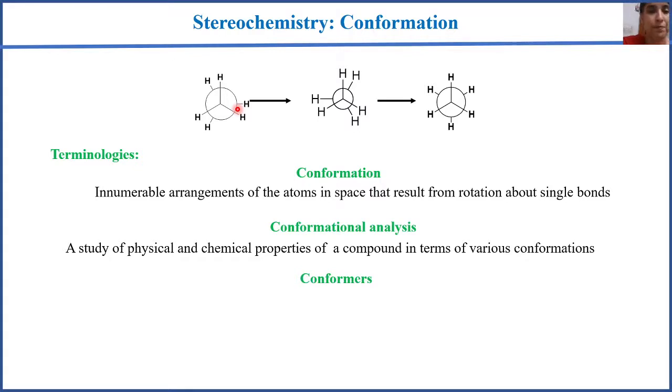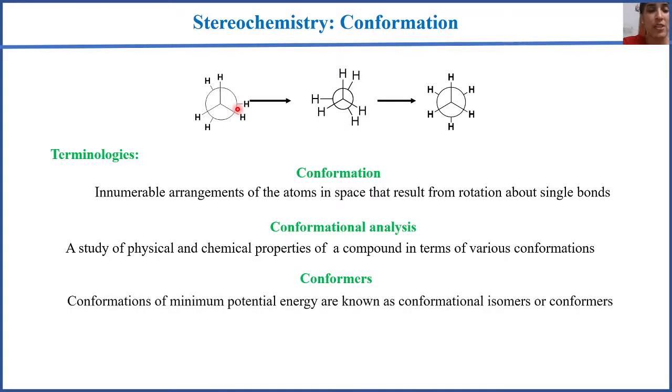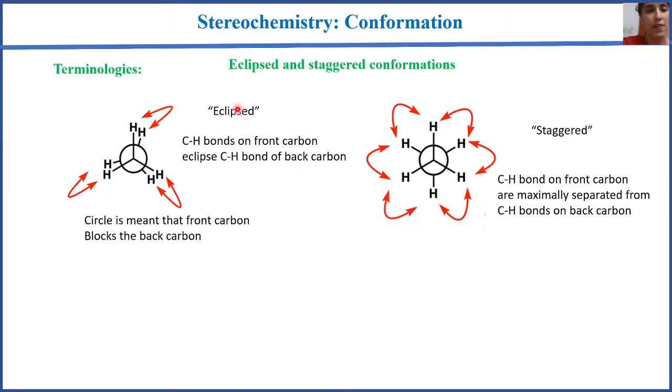Conformers: conformations of minimum potential energy are known as conformational isomers or conformers. Now the terminology: eclipsed and staggered conformations.